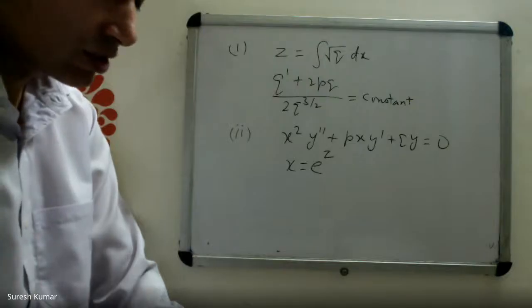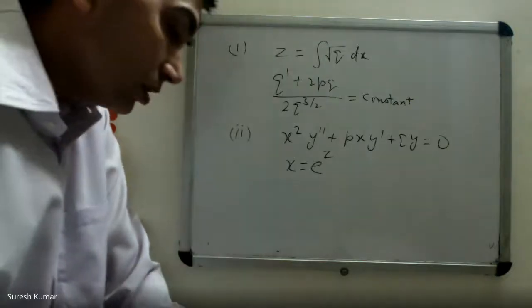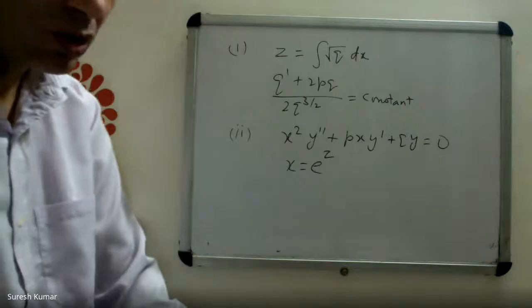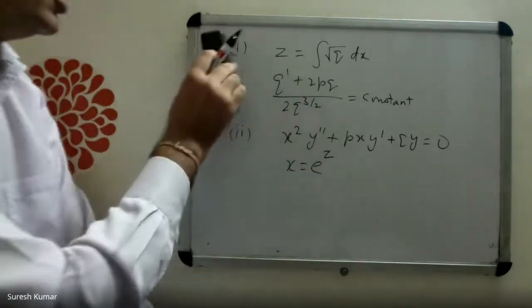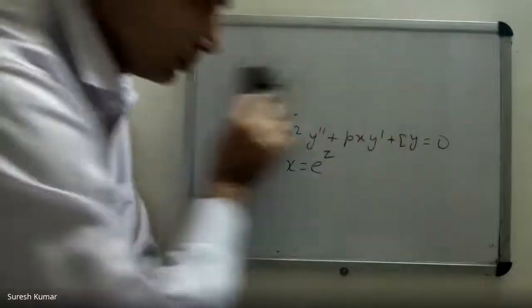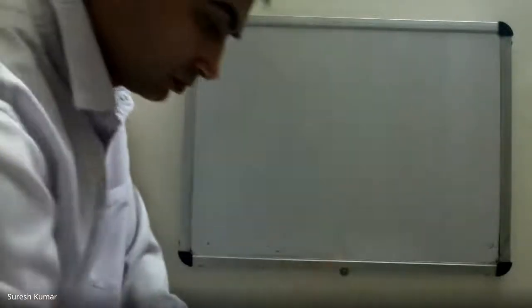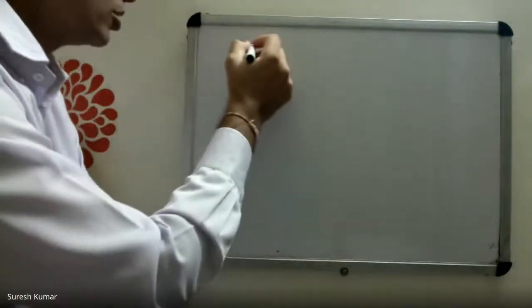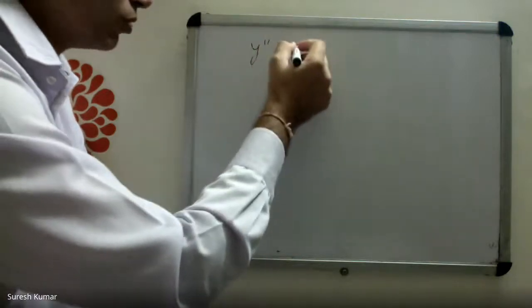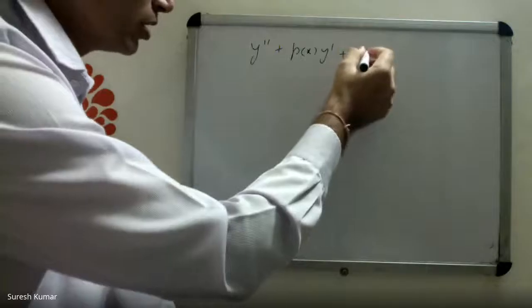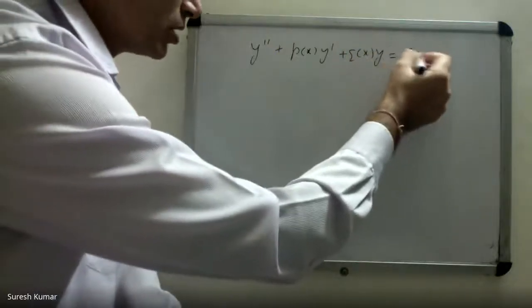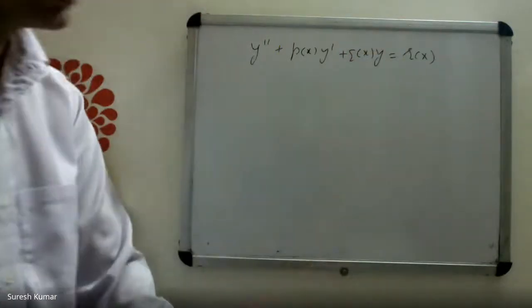Now what's next? Now we want to learn the methods for solving the non-homogeneous linear differential equation, y double prime plus p(x) y prime plus q(x) y equal to r(x). Now r(x) is non-zero.